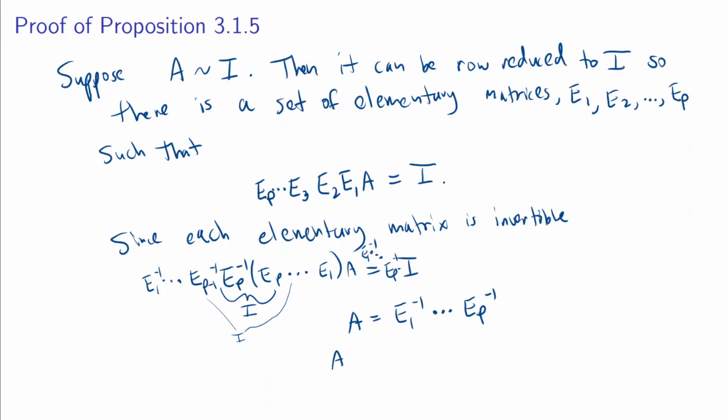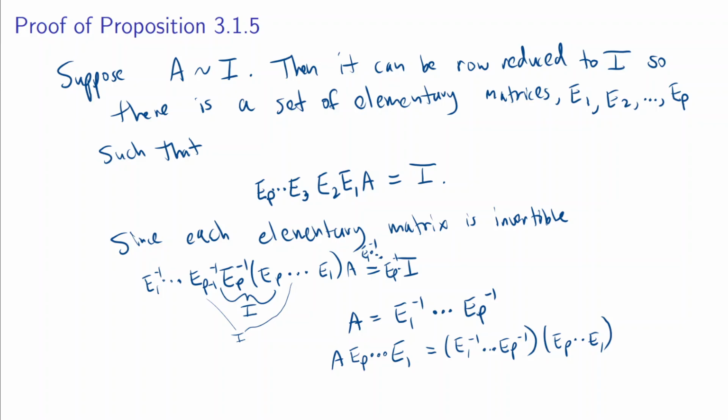on the right, it doesn't matter actually, left or right, by EP down to E1. Let's do that on both sides of this. So E1 inverse down to EP inverse, times EP down to E1.